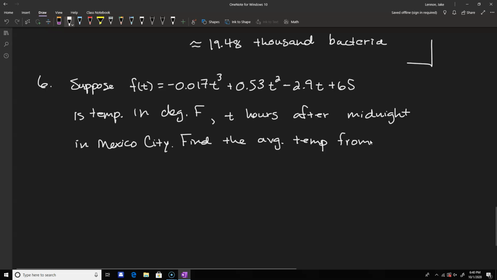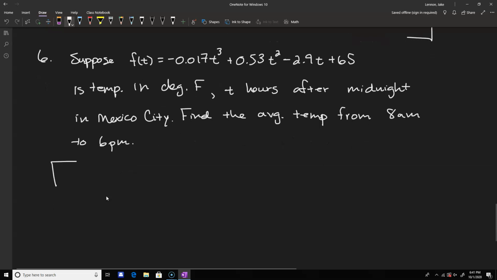From 8 a.m. to 6 p.m. Okay, so remember the average temp formula. Well, there's one thing to note. Notice that t hours after midnight corresponds essentially to military time here.